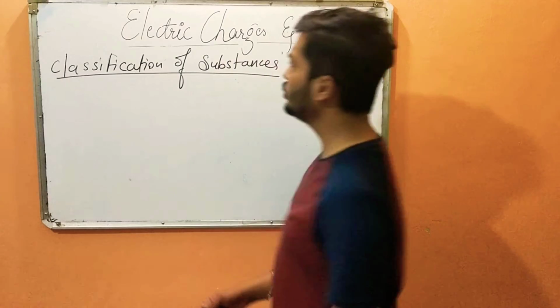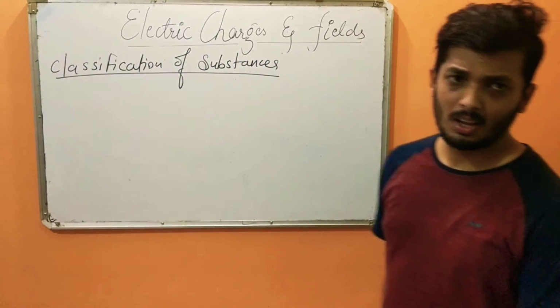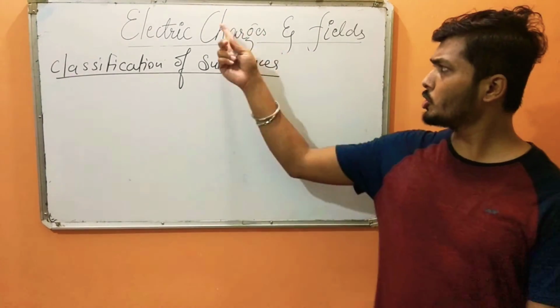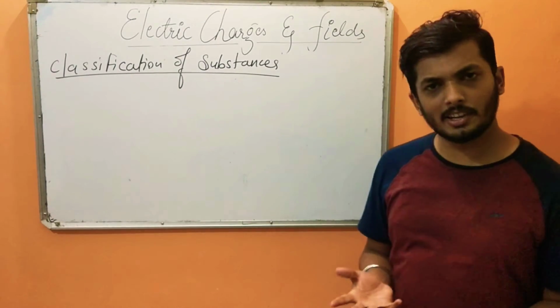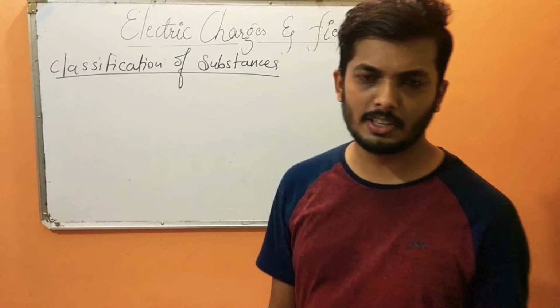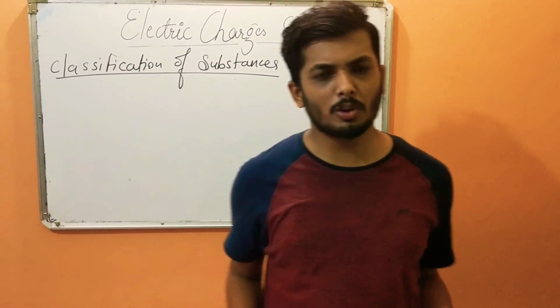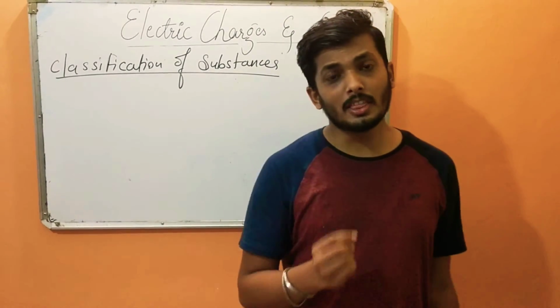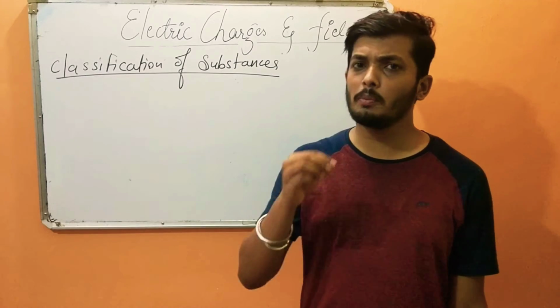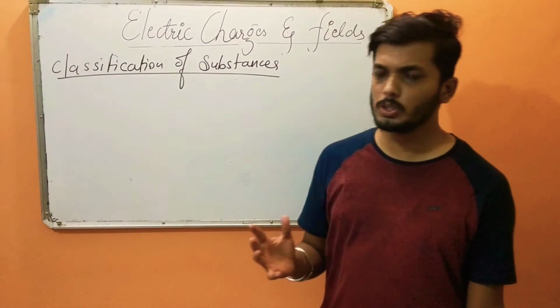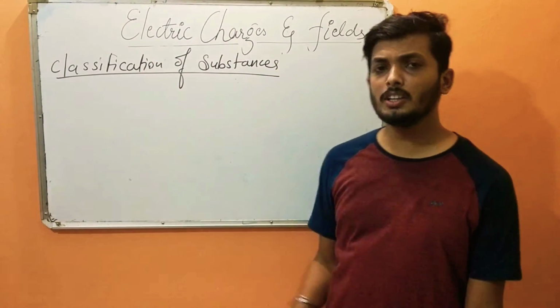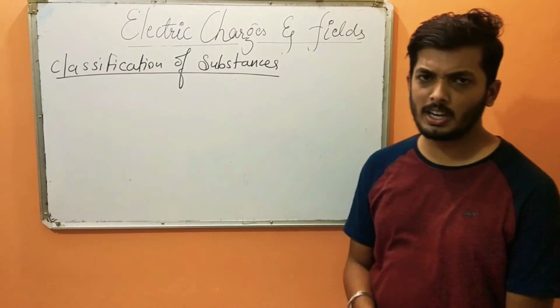Already you have studied this at school level. Now why are we giving more stress to this topic, electric charges and fields? Because it deals with electricity, with current electricity, yes or no? And you cannot imagine your life without electricity. Now which substances are preferable for electricity and which aren't? That's the important question. So here we are classifying substances into 3 important categories.